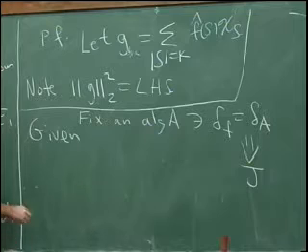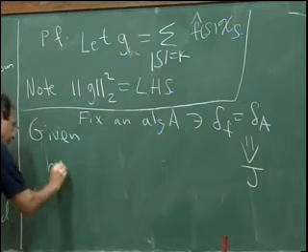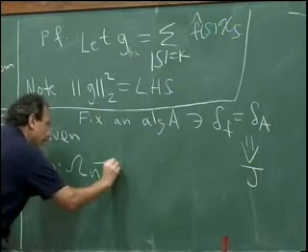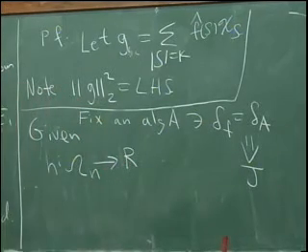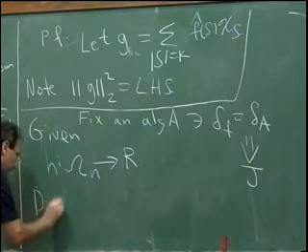And now I want to define the following. If you give me any mapping, any function, h, from omega n into r, I want to define h sub j.